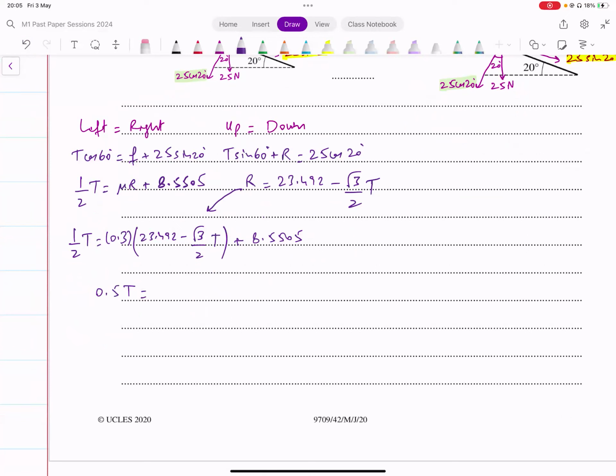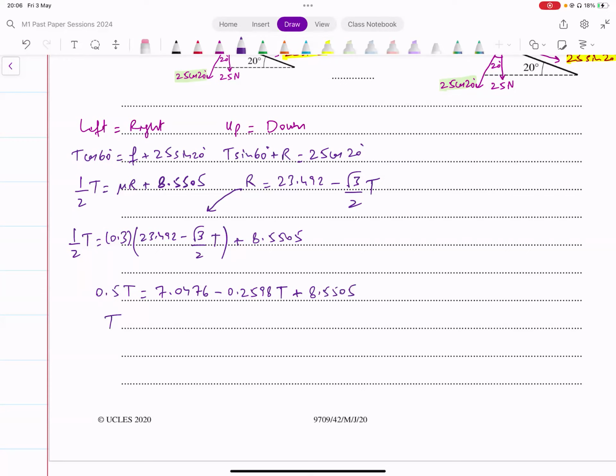0.5 t on the left side. On the right side, we've got 0.3 into 23. Now again, that's too many decimal values, so look out for careless errors in case there are any. 0.5 t equals 0.3 into 23.492. That's giving me 7.0476 minus 0.3 into root 3 divided by 2, that's giving me 0.2598 times t plus 8.5505.